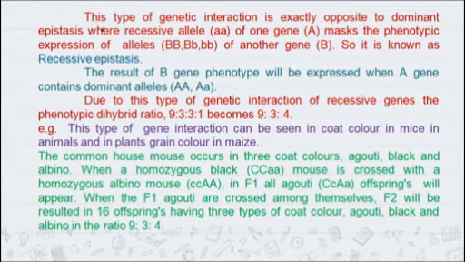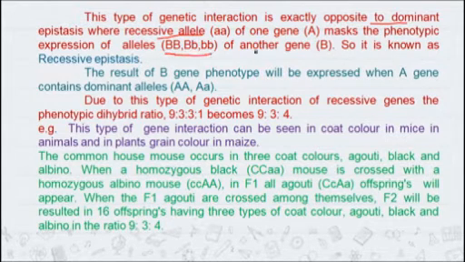This type of genetic interaction is exactly opposite to dominant epistasis, where the recessive allele of one gene, that is gene A, masks the phenotypic expression of the alleles of another gene B. So it is known as recessive epistasis.